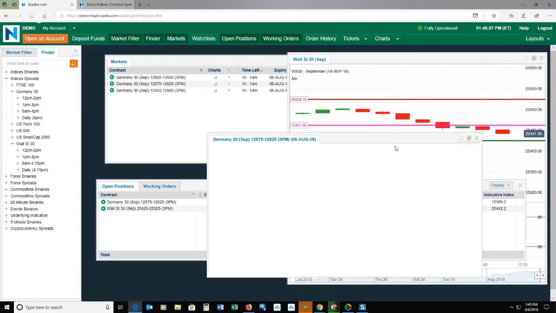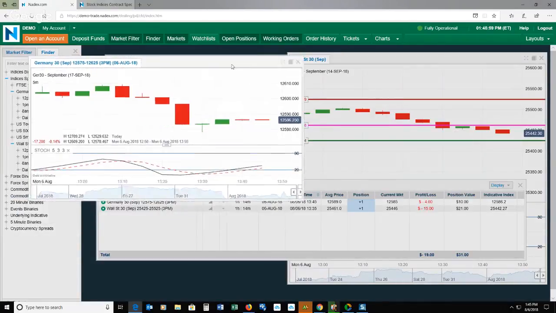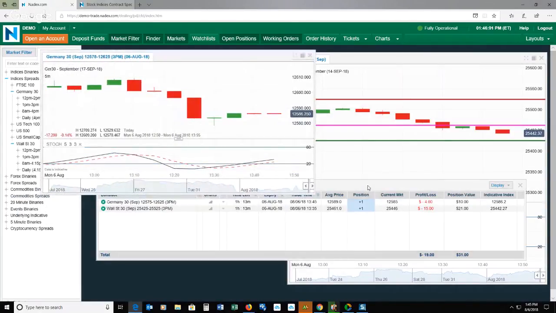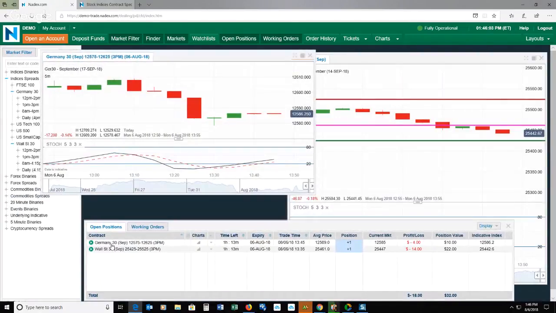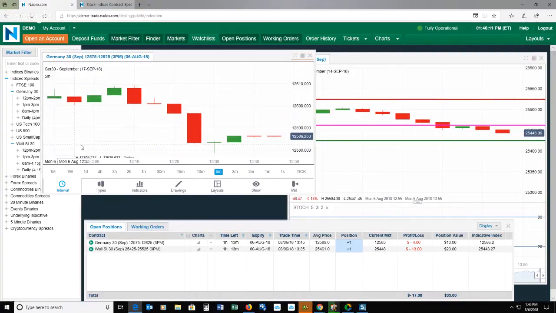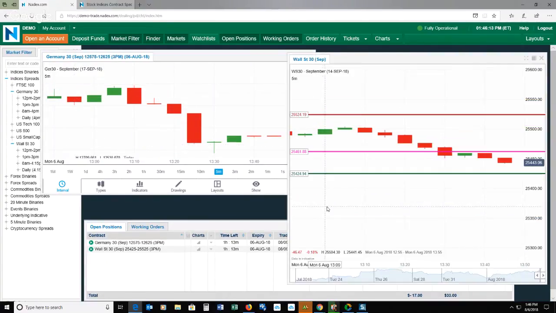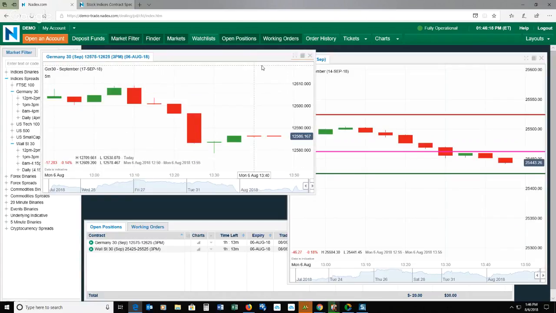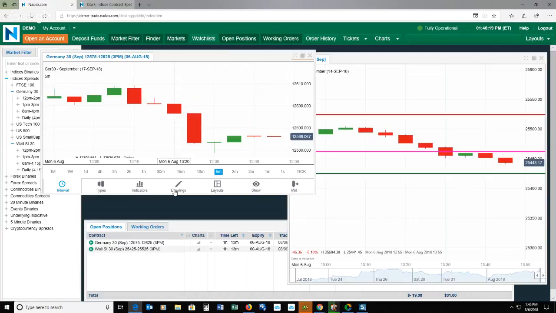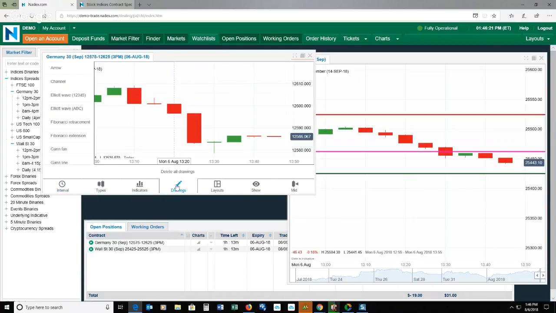So let me get this one up. And we'll do exactly the same thing for the Germany 30. It's 575. And I'm just going to get rid of the stochastic so we have more room on the actual chart. We're not learning about stochastics today. Drawings.